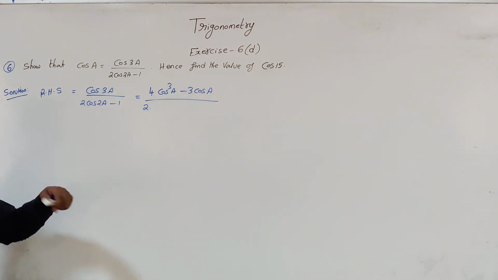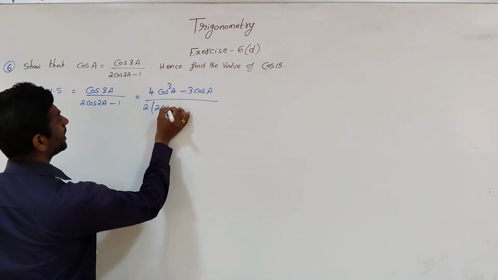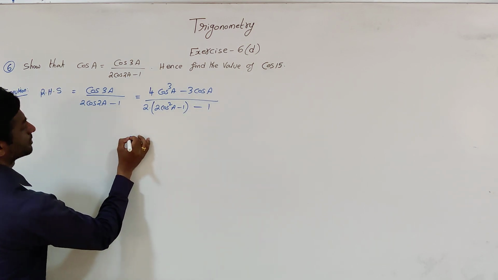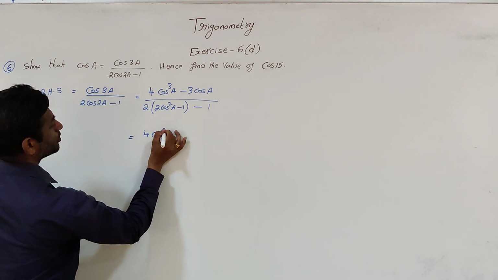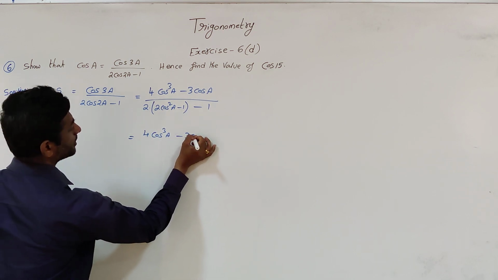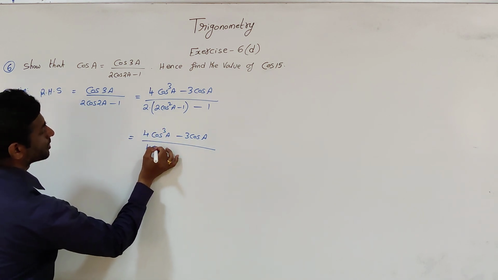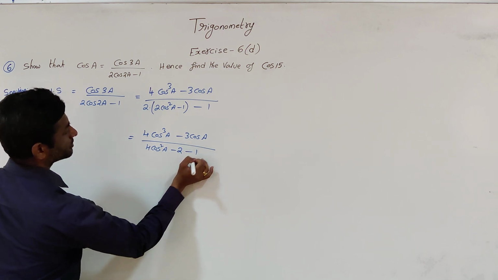But what is cos 2A in terms of cos? It is 2 cos square A minus 1, and the minus 1 is as it is. So it will be 4 cos cube A minus 3 cos A, by 2 twos are 4 cos square A, 2 into minus 1 is minus 2, minus 1.